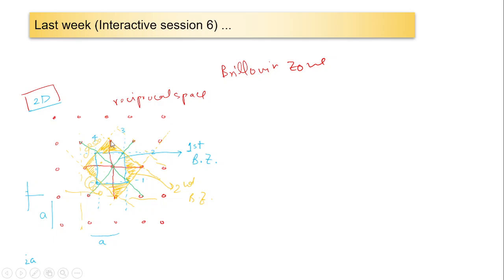After joining the origin with these lattice points using the reciprocal vector, the next step was to take the perpendicular bisector, which this blue line represents. So for this reciprocal lattice vector, we were drawing a perpendicular bisector, and that perpendicular bisector was the crystal plane in real space.